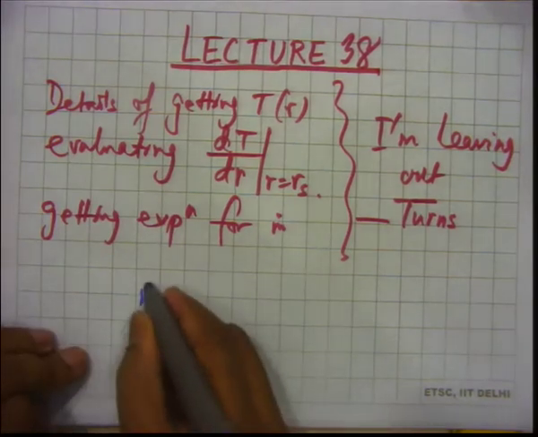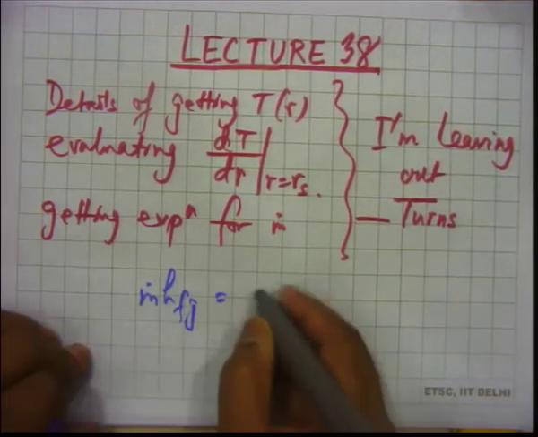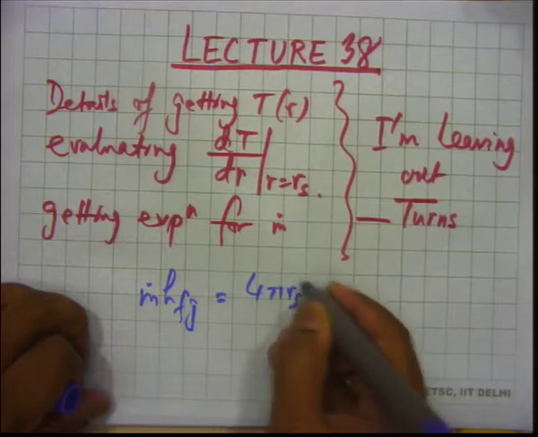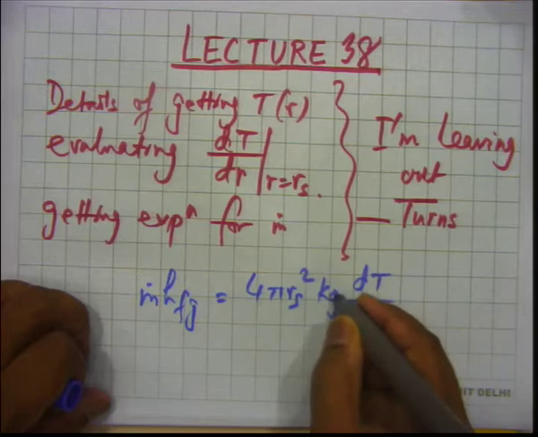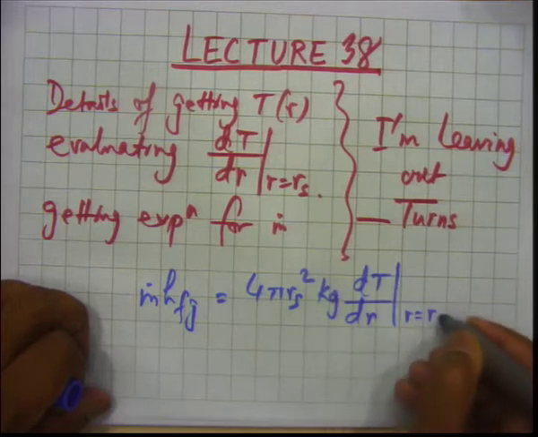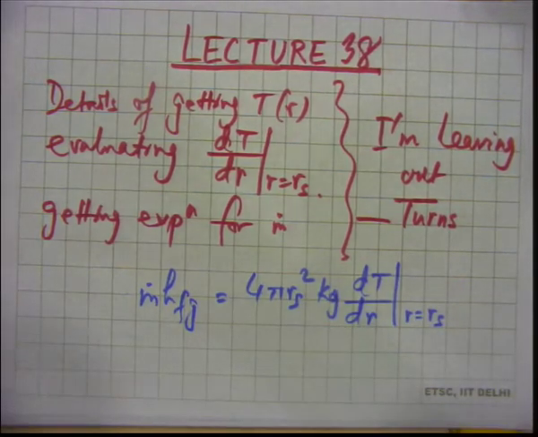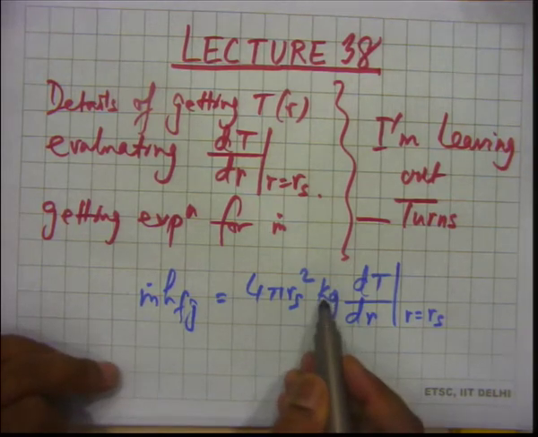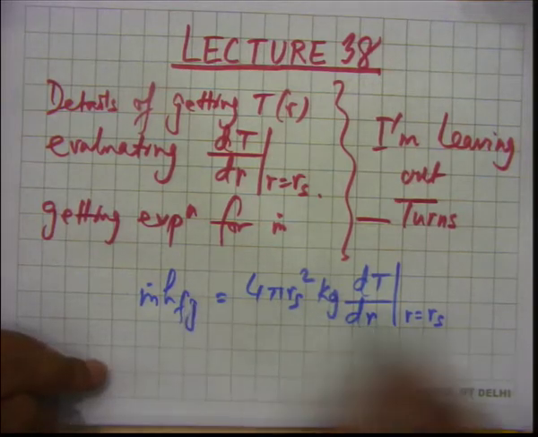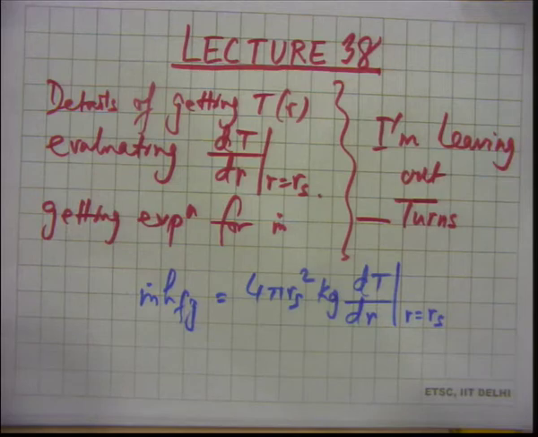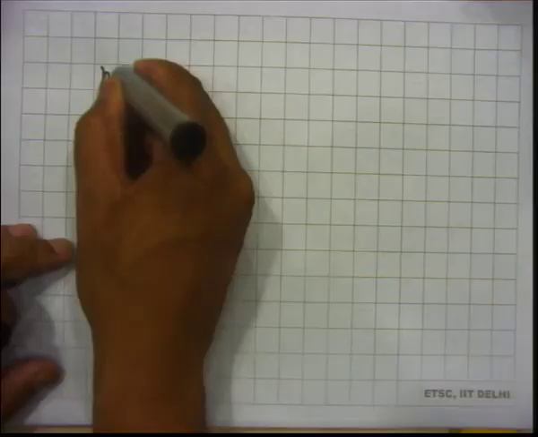So, ultimately, using what we had a few minutes back, m dot into hfg equal to, okay, so this is kg, not as in kilogram, but k, the thermal conductivity of the gas phase, right. So, we can do all this and then we can get an expression for m dot.